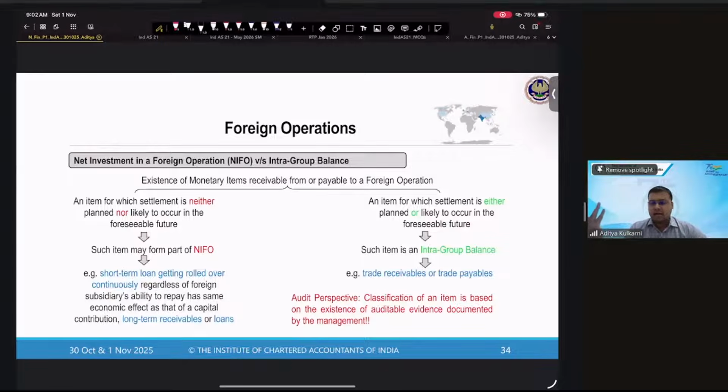Correct? Karthik, Geeta, Leela, are you convinced about this? Yes, sir. All right. So, to avoid the legal hassles, we do this, which is fine. There are so many such examples which we have. But the substance is, this is not a loan at all in your books.